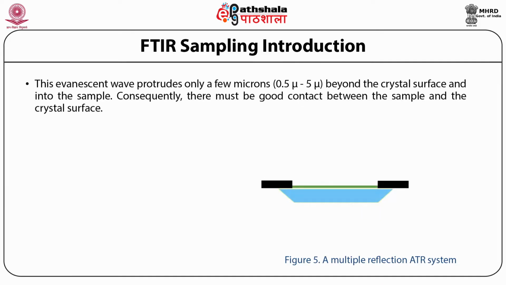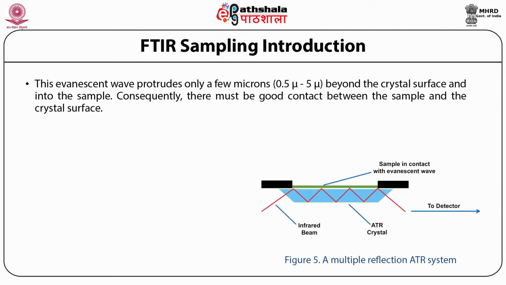This evanescent wave protrudes only a few microns, 0.5 to 5 microns, beyond the crystal surface and into the sample. Consequently, there must be a good contact between the sample and the crystal surface.